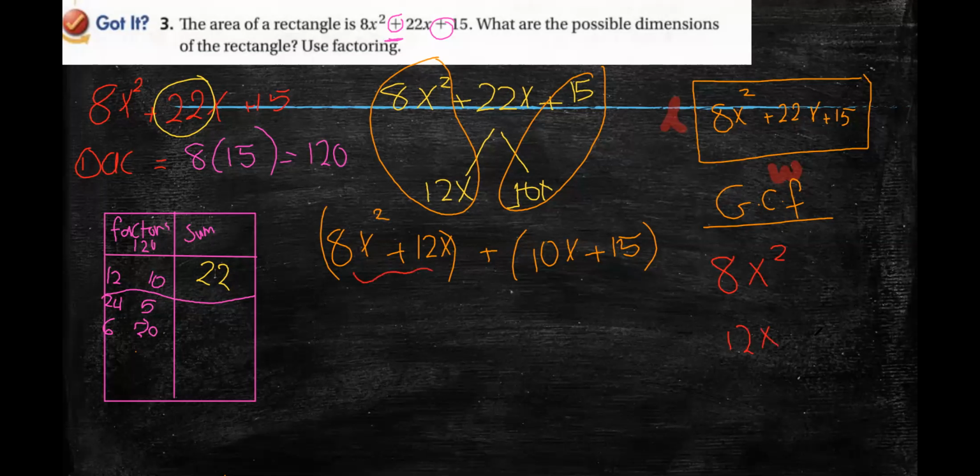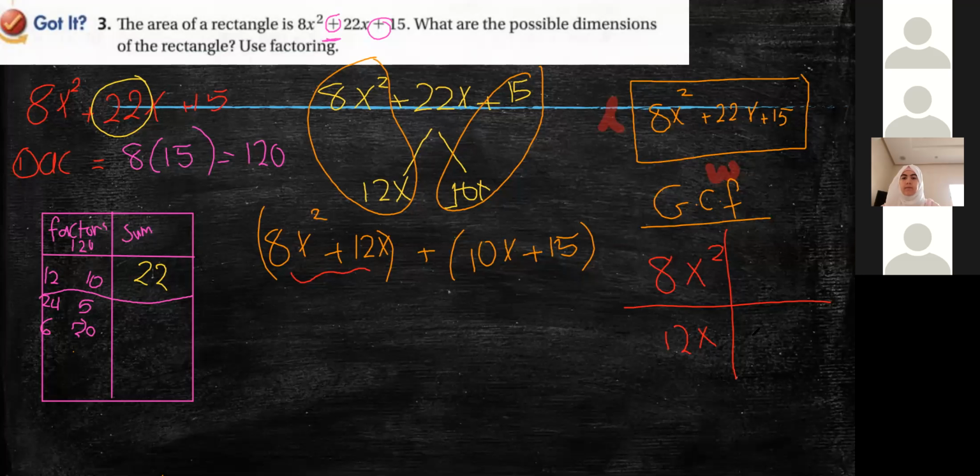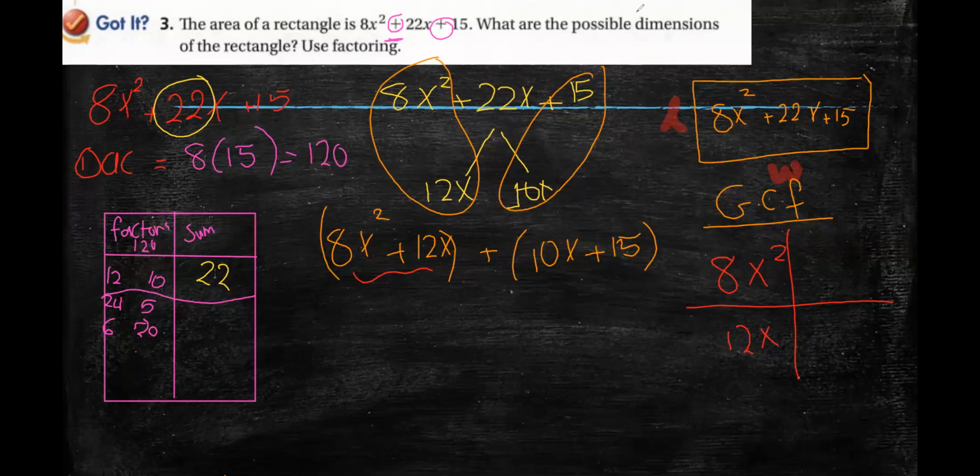Let's factorize them into primes. 8 is 2 times 2 times 2, so 8x squared is 2 times 2 times 2 times 2 times x times x. And 12x is 2 times 3 times 2 times x.